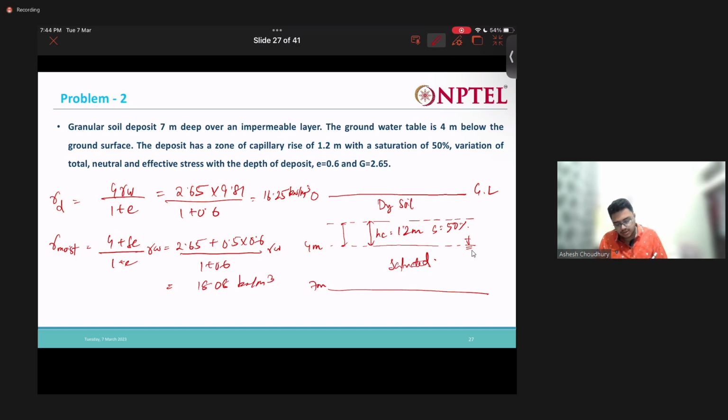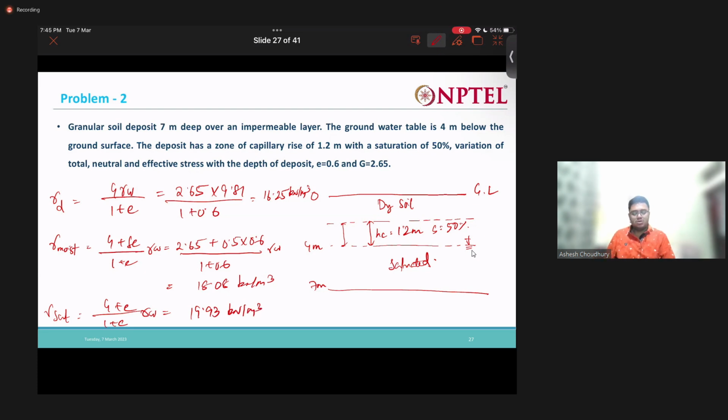And then saturated finally: (G plus e) by (1 plus e) into gamma w, which is 19.93.